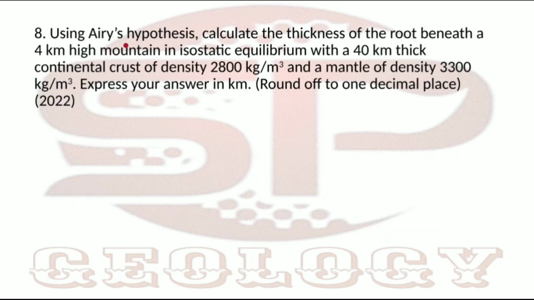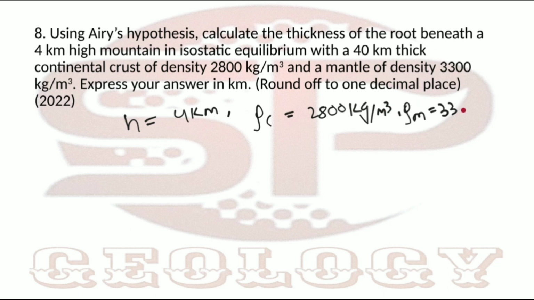Next, using the Airy hypothesis, calculate the thickness of the root beneath a 4 km high mountain. Again, h is given as 4 km. rho c is given as 2800 kg per meter cube. Then rho m is given as 3300 kg per meter cube.